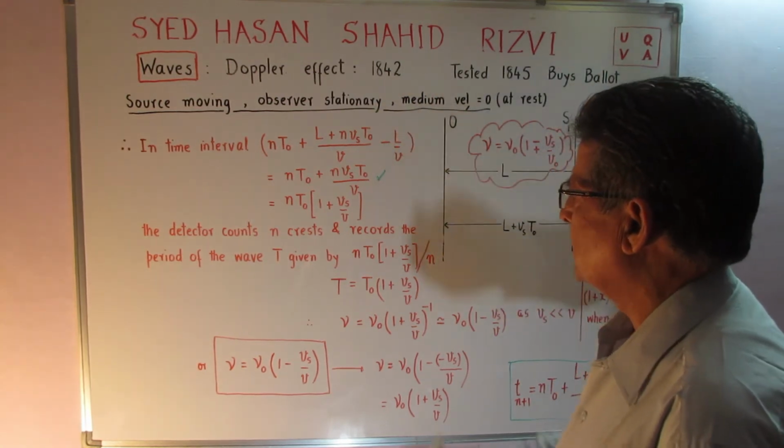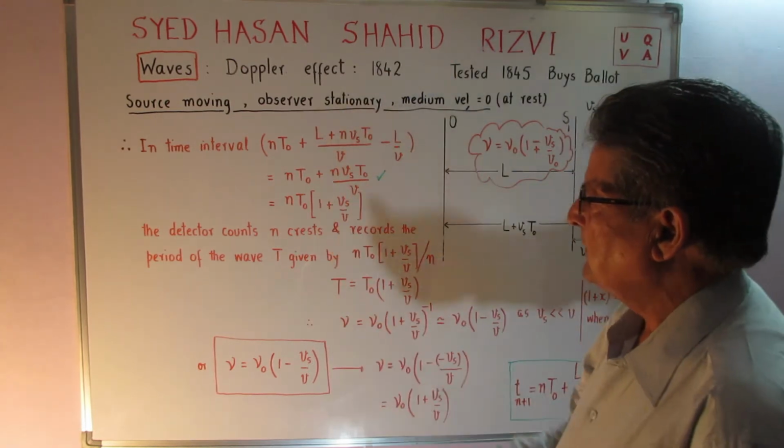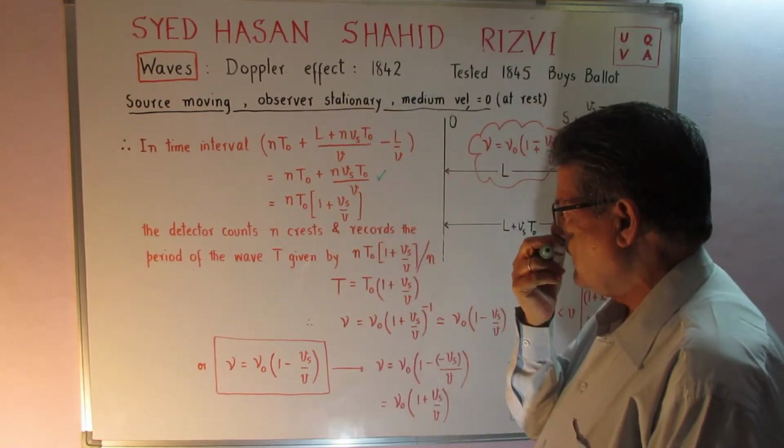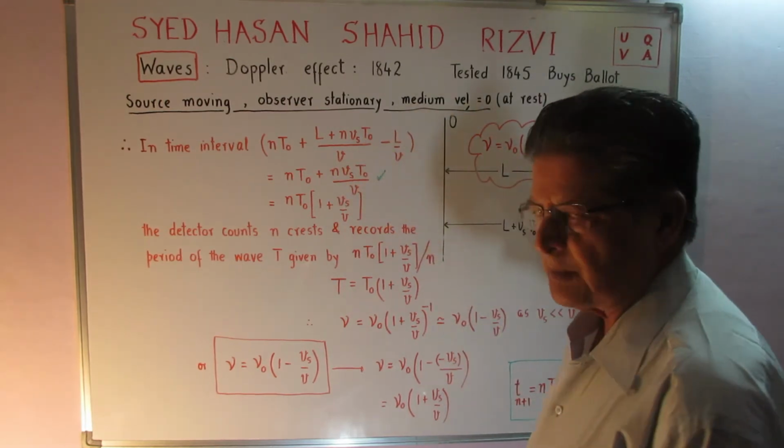So we obtain this relation, which, if I take n T naught as common, gives the time interval equal to n T naught times (1 plus Vs upon v).